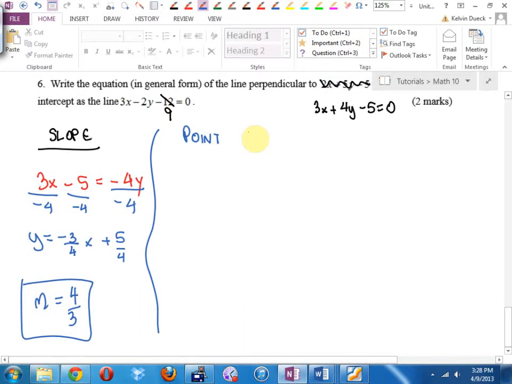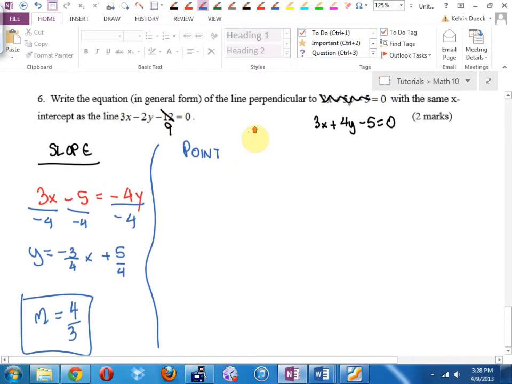How can I find the point? Find out x or y intercept. Which one? X intercept, I think, in this one, yes? How do I find an X intercept? Make the y 0. So if you do that, you're going to get 3x minus 9 equals 0, because that middle negative 2y, if there's a 0 there, is negative 2 times 0, which is 0.